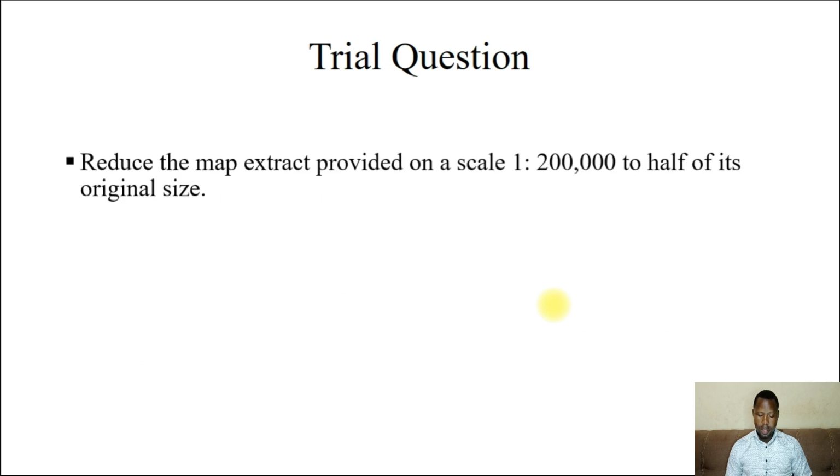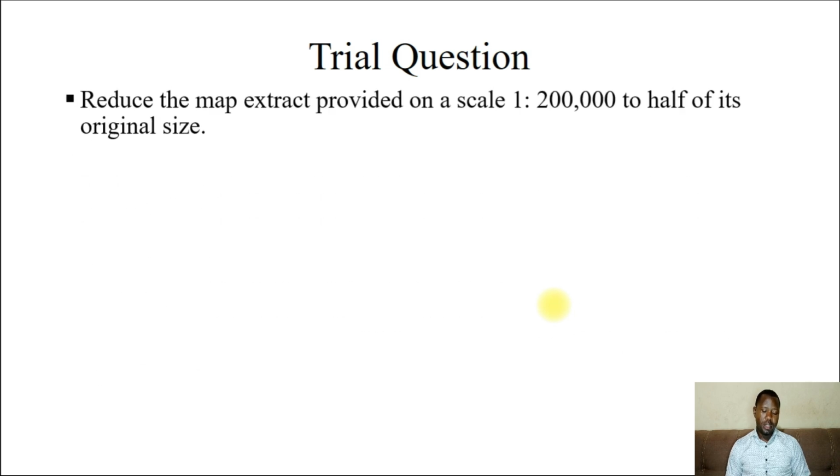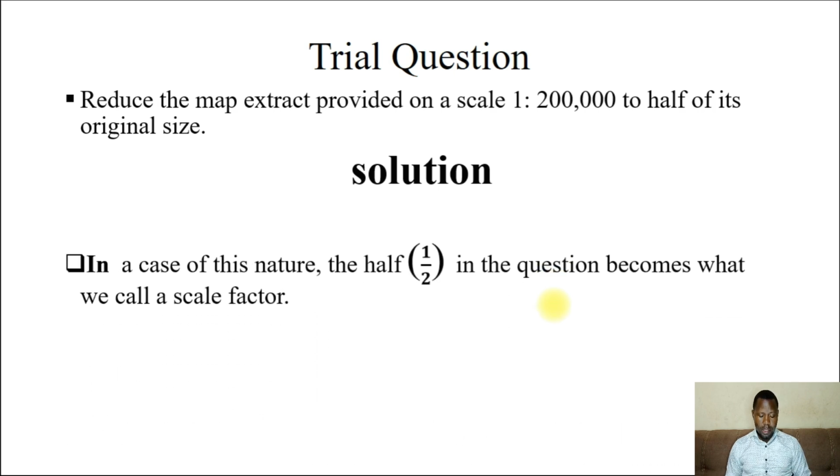Now we look at a trial question. The question says, reduce the map extract provided on the scale 1:200,000 to half of its original size. How do we do this? Now, in the case of this nature, the half in this particular question is very important.